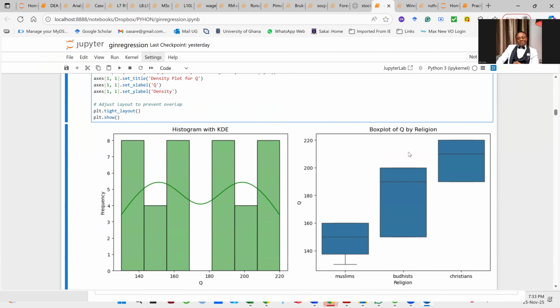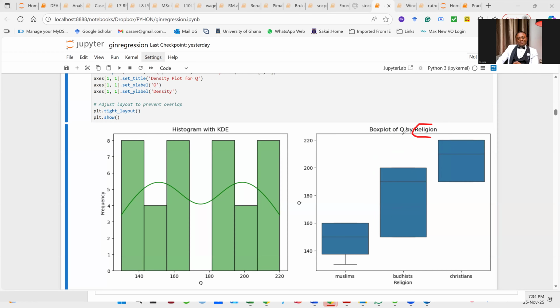A box plot is a plot for comparing 3 categories, 3 groups, based on something that is numerical. So in this case, I am comparing 3 groups based on what? Religion, isn't it? So if you look here, my groups are based on religion, as you can see.